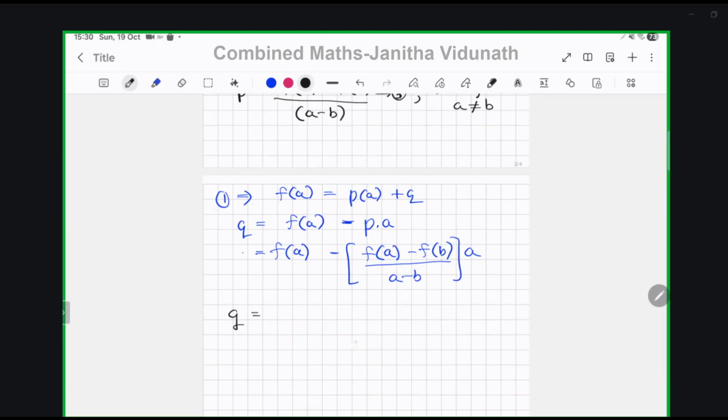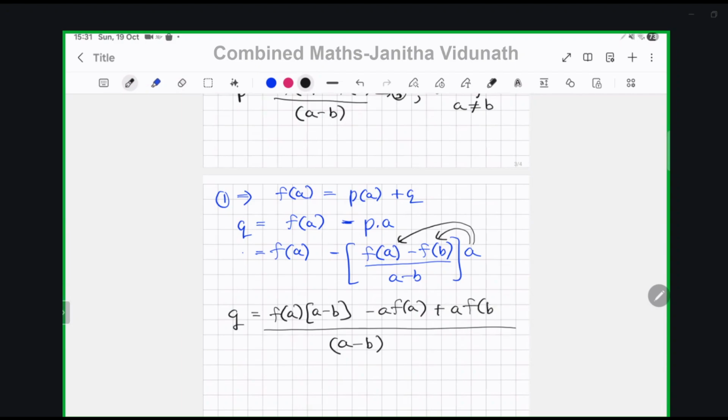Q is equal to, common denominator is A minus B. Then FA needs to be multiplied with A minus B. Here we can simplify this bracket. Then we will get minus A times FA plus A times FB, because there is a minus sign. Then this also multiplies with these two terms.